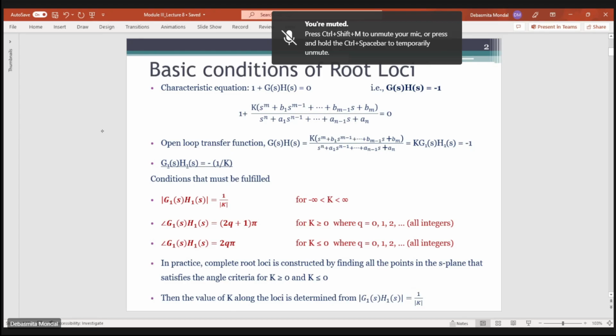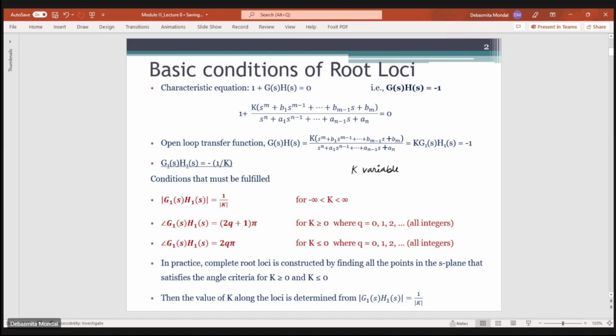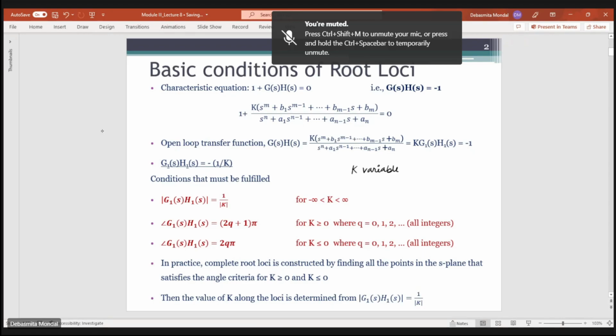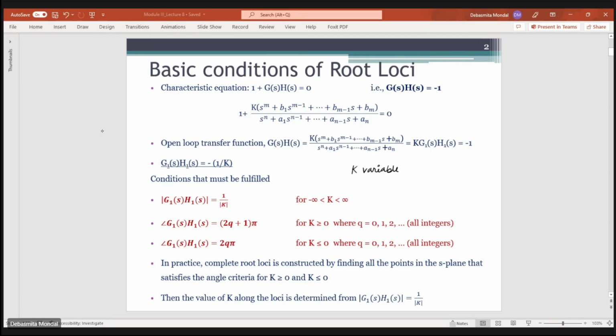So k is the variable. We are changing k and observing the position of the roots of the closed loop system. The magnitude condition is given by the magnitude of G1(s)H1(s) equal to 1 by magnitude of k, when k is varying from minus infinity to plus infinity.